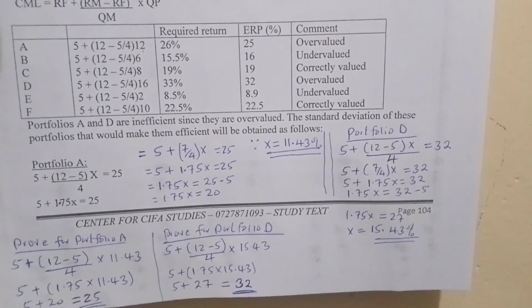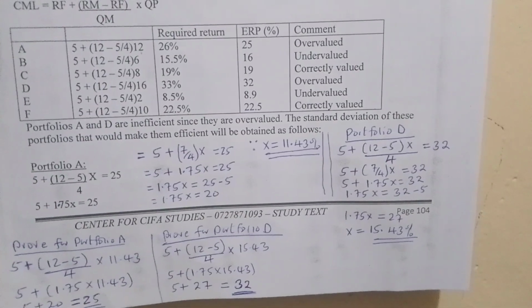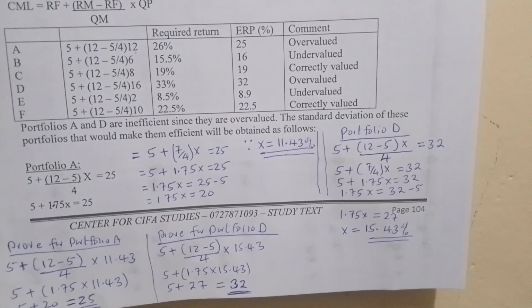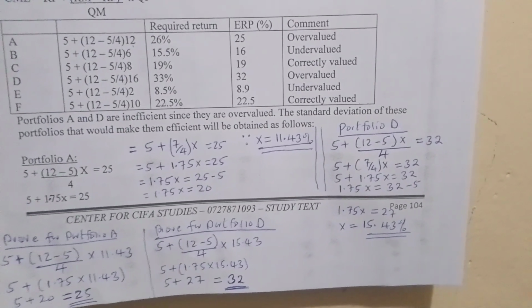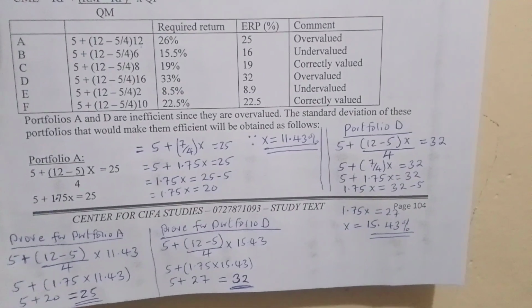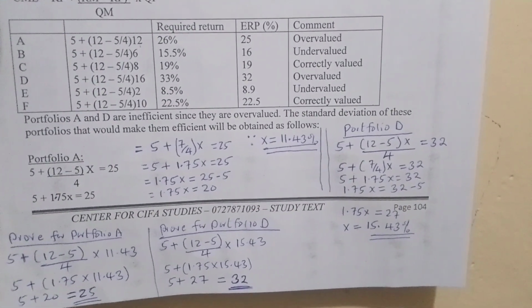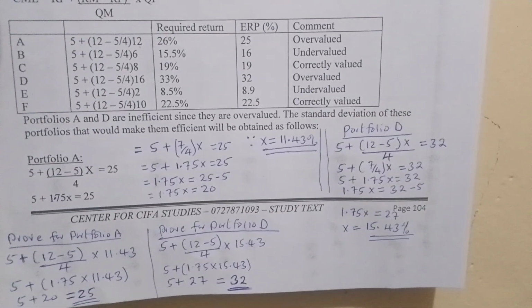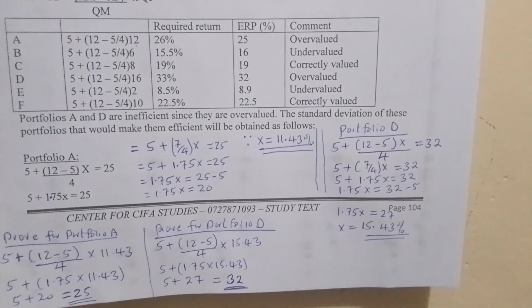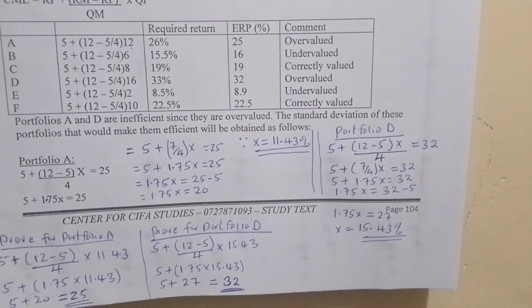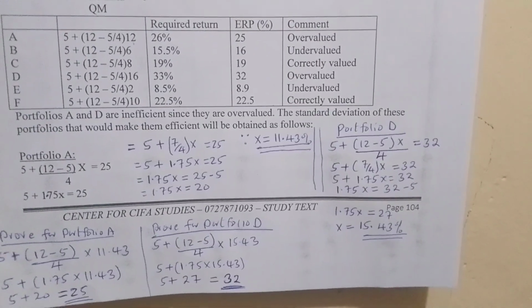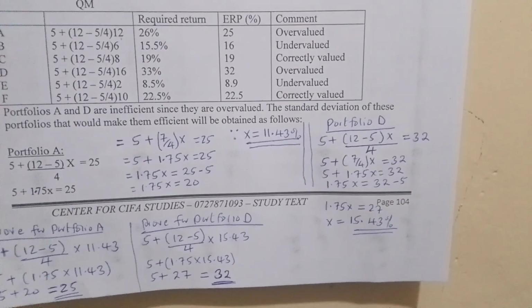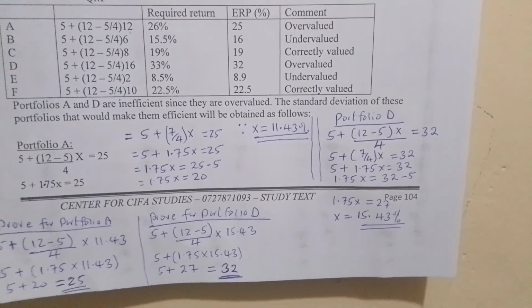Then 5 will move on the other side and it will be a minus. So it will be 1.75x is equals to 25 minus 5. So 1.75x is equals to 20. Divide both sides. Therefore, you divide both sides by 1.75. So 20 over 1.75 is equals to 11.43%.